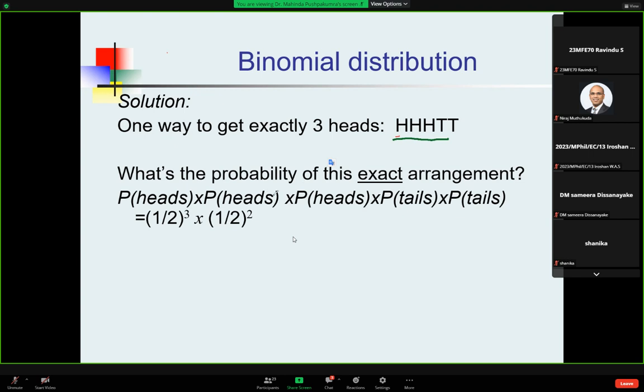Then the probability is the probability of getting head, head, head, tail, tail. Each time it is 0.5. Then the probability is equal to 1 over 2 to the power of 3 into 1 over 2 to the power of 2.